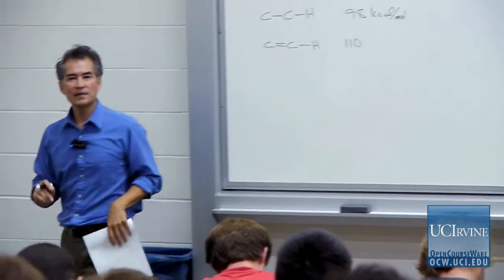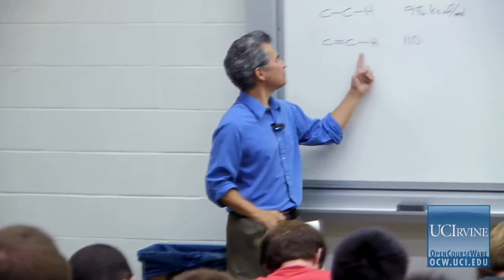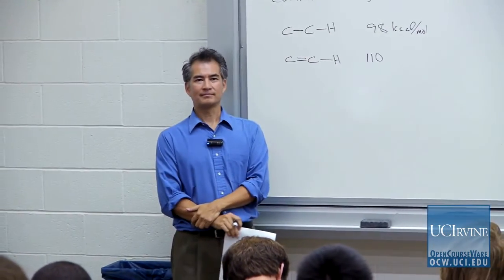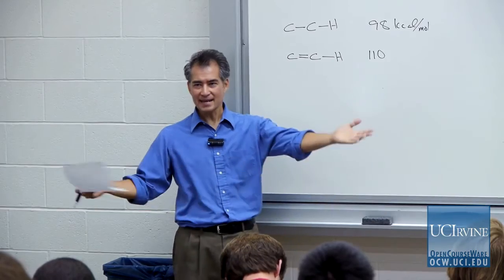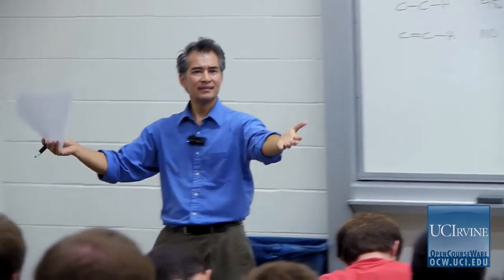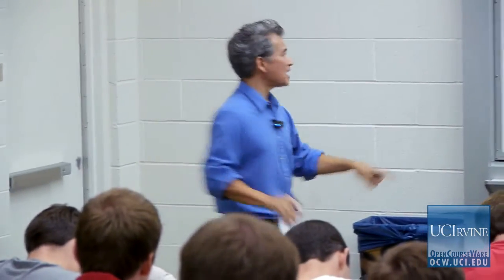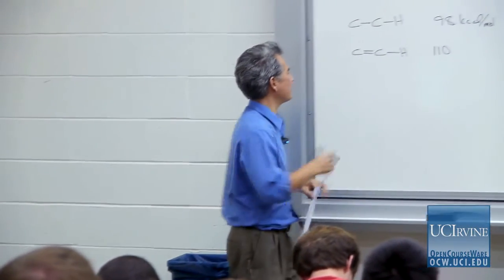That means there's a 12 kilocalorie per mole difference. And if I divide that by 1.4, how many factors of 10 is that in stability? About 8. About 10 to the 8th. That's about 100 million times more stable because of that extra s character.